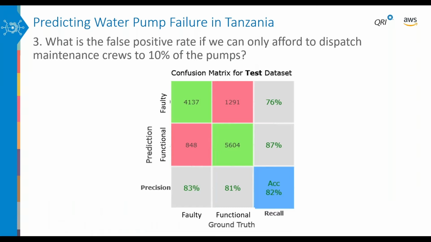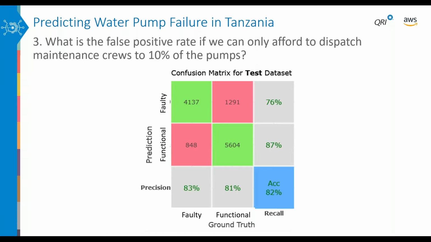Our model outputs a probability that a pump is faulty, but SML also helps us decide how to respond to these probabilities. For instance, I might identify that it is better to err on the side of caution and dispatch a maintenance crew to any pump which the model suggests has a 15% probability or higher of being broken.